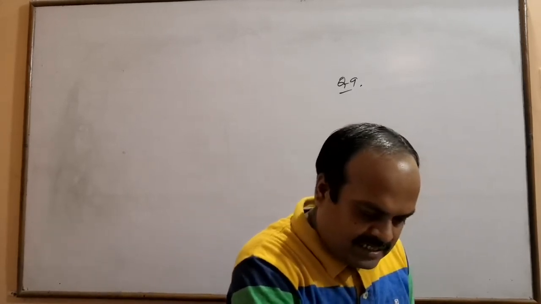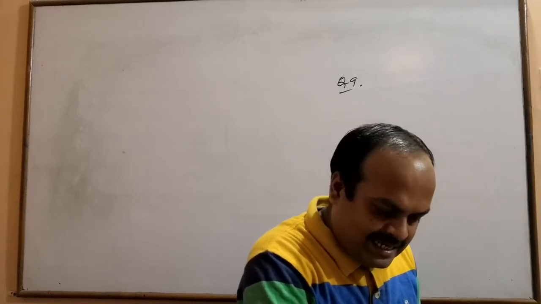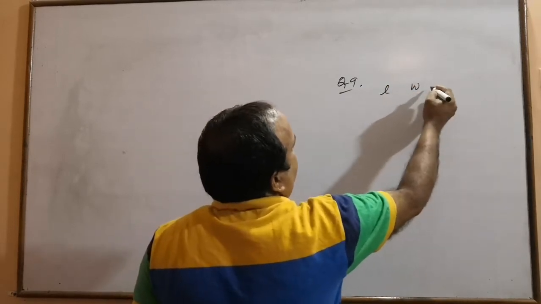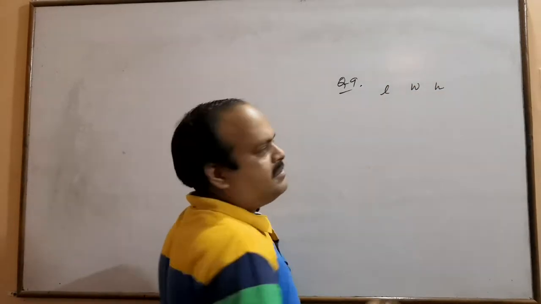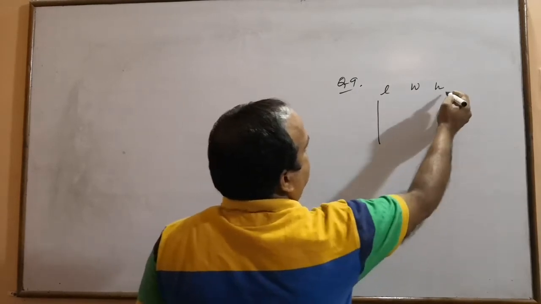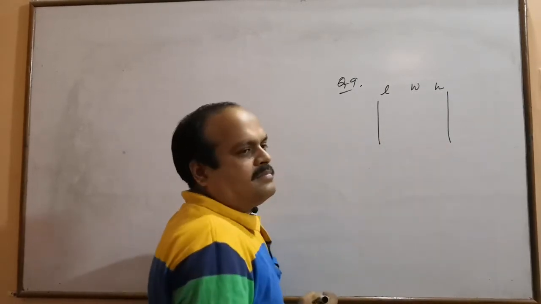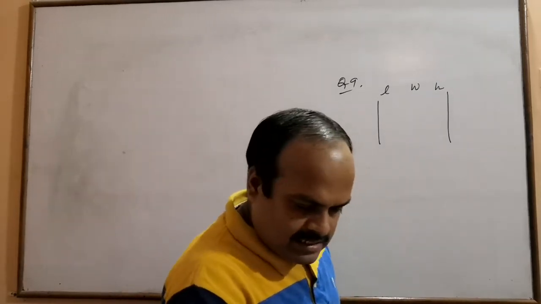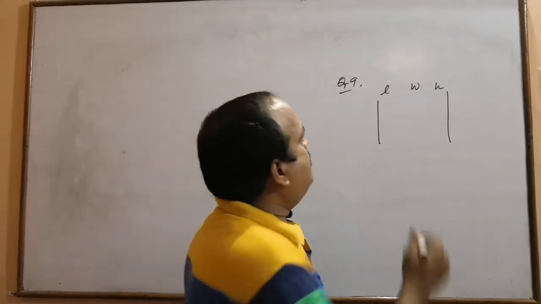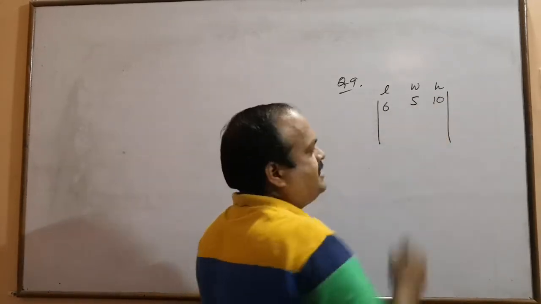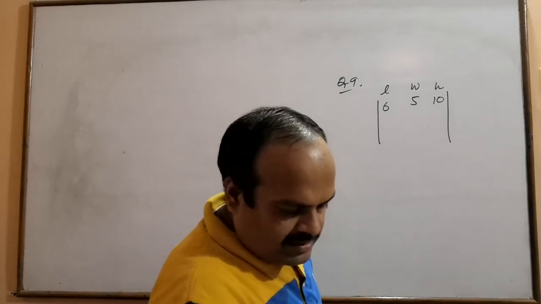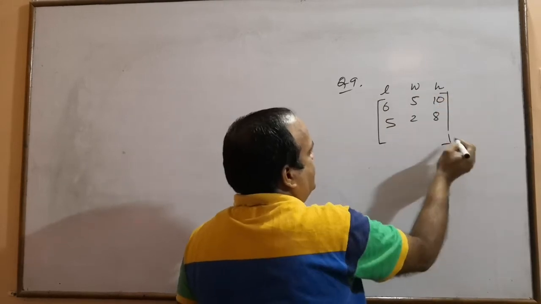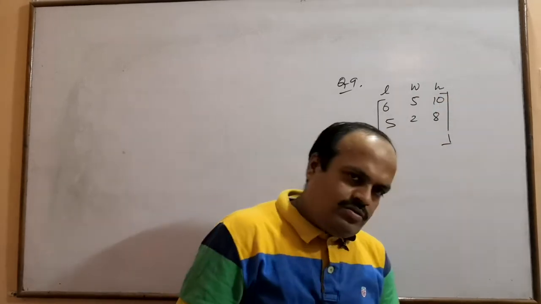Write the set of numbers in matrix form so that the first column indicates length, the second width, the third height. The first box has length 6, width 5 and height 10. The second box is 5, 2, 8. So this is the rectangular arrangement of the length, breadth and height of two boxes.